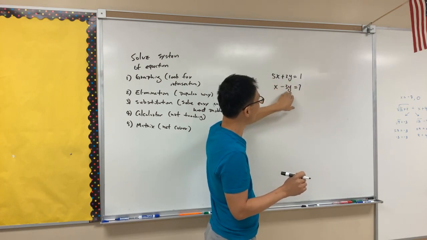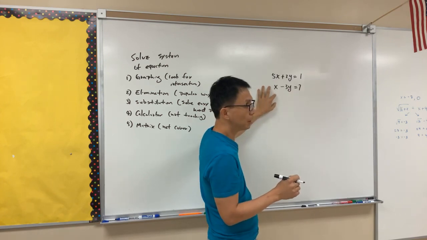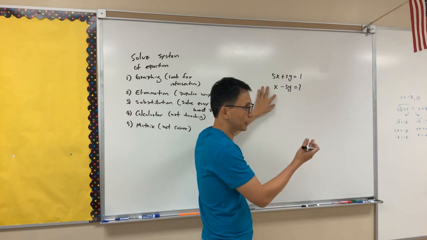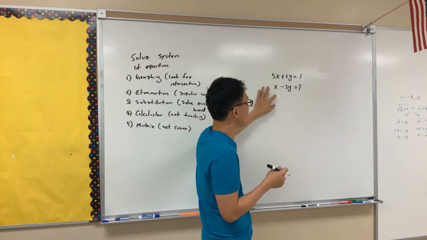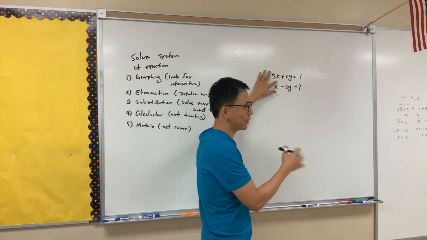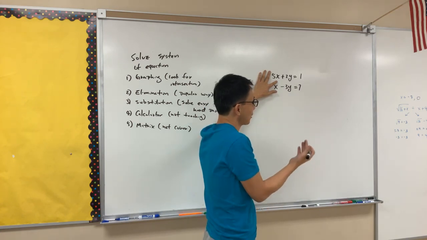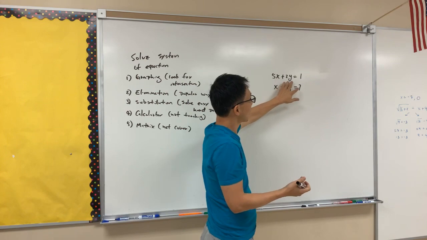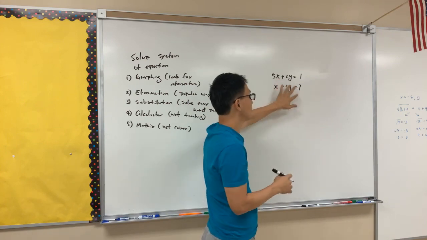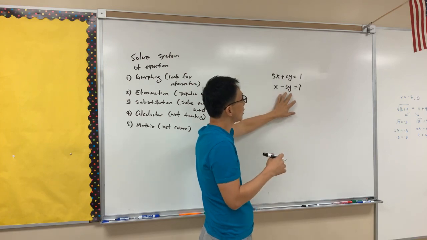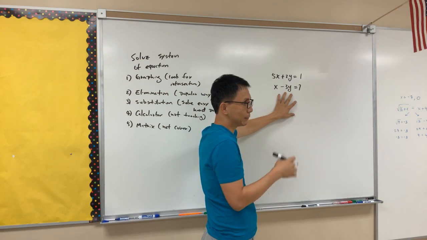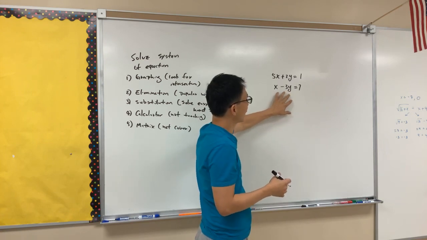5x plus 2y, 3y, and x. The way you look for a girlfriend or boyfriend when you go to the club, you look for the single person. You don't look for the people like 5 girls all hanging out together, or 2 guys hanging out together, or 3 guys watching football on the side, and they're all pretty ugly.